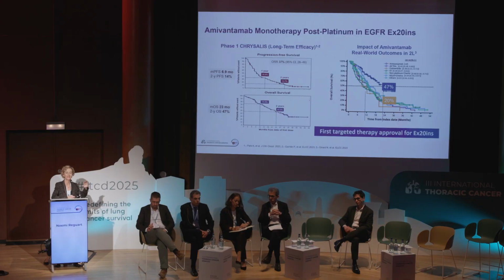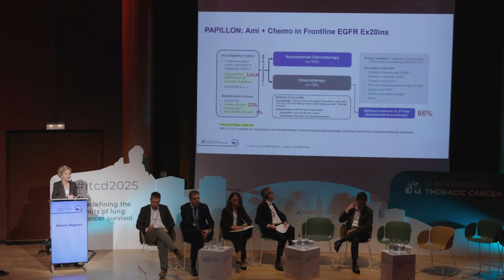So with these results, given the high unmet need, amivantamab was approved as monotherapy in the second-line setting by the FDA and the EMA for patients with exon 20 insertions.